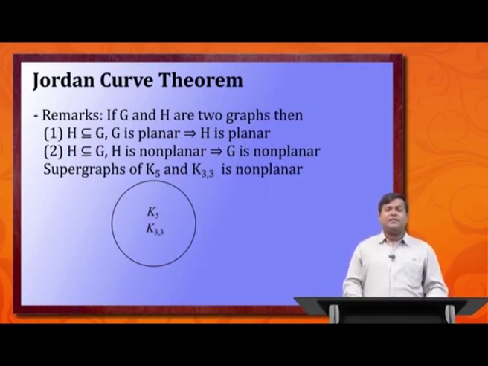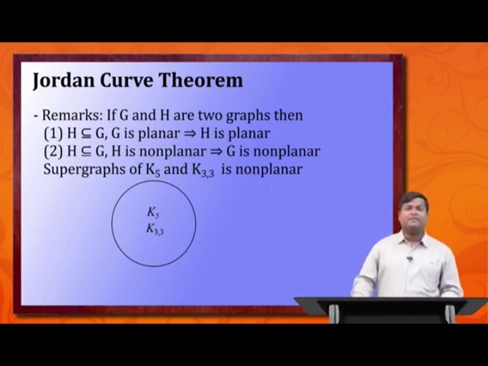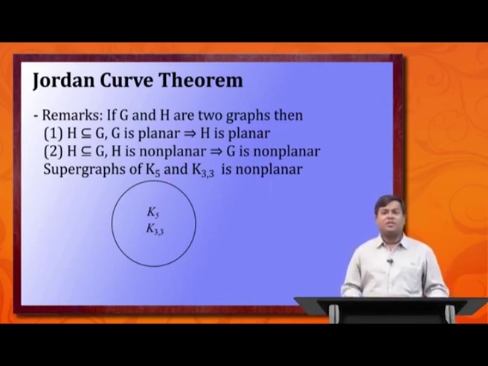Similarly, if H is a subgraph of G, or rather G is actually a supergraph of H, and if H is non-planar, then G is also non-planar. Why? The reason is very simple. Since G is a supergraph of H, and we are assuming that H is non-planar, we are actually making G by adding a few more vertices or edges.